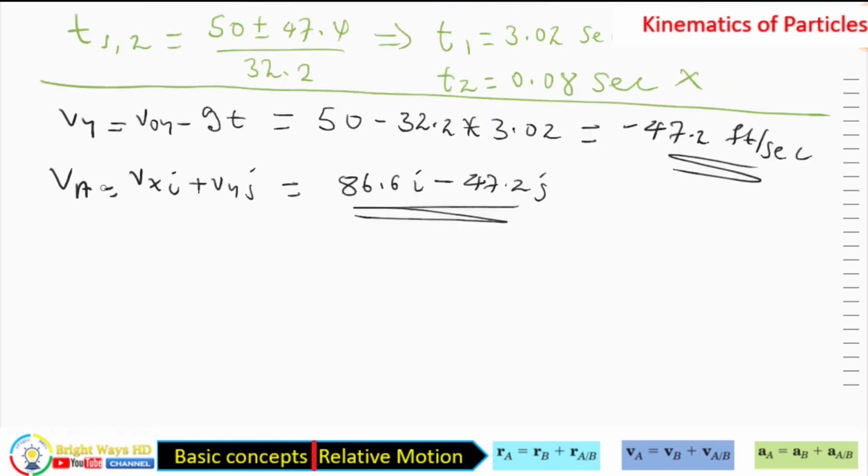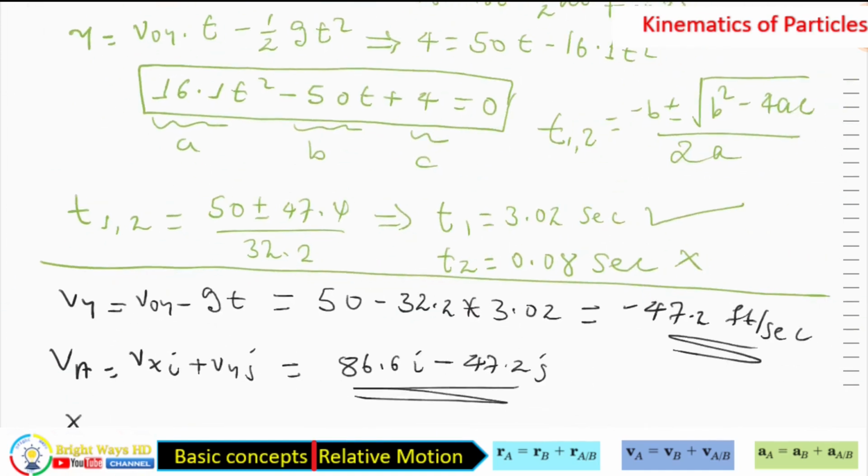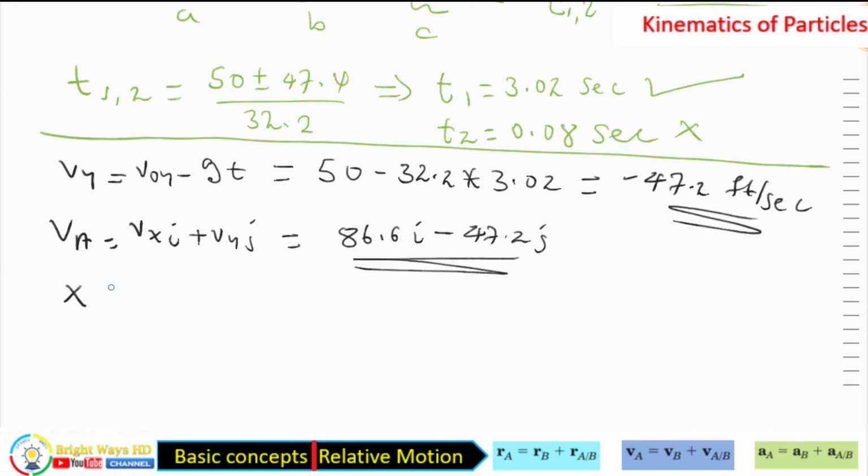And then what is the total distance covered by the ball? It was x. So x can be evaluated from this equation. That means x is equal to x naught plus v naught x times t plus half ax times t squared.